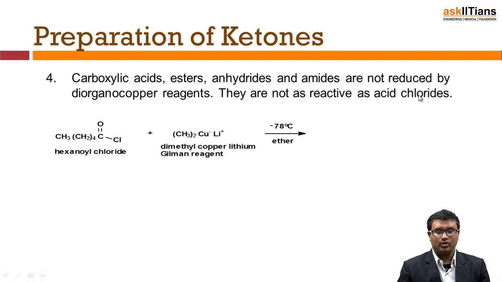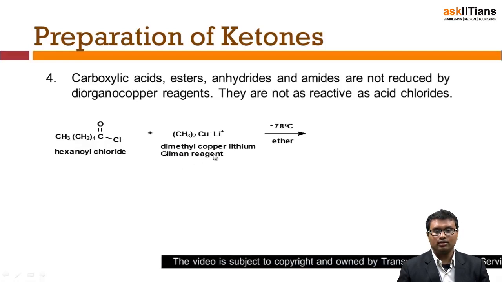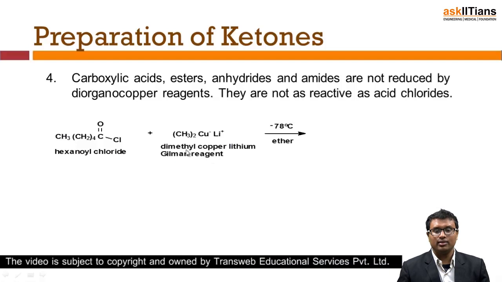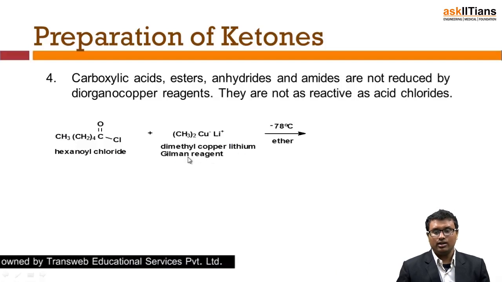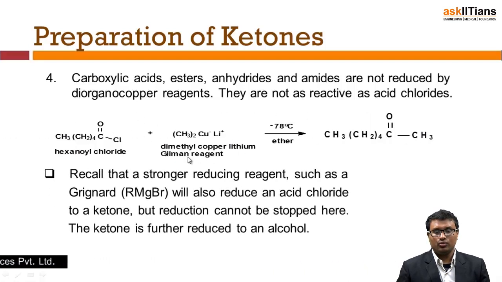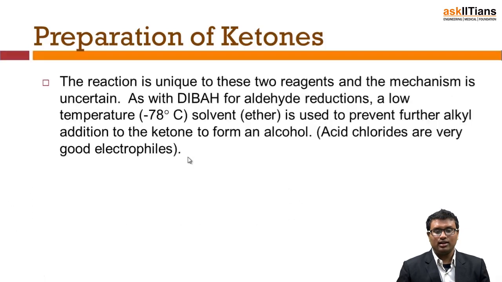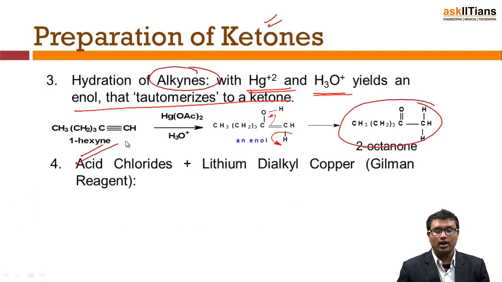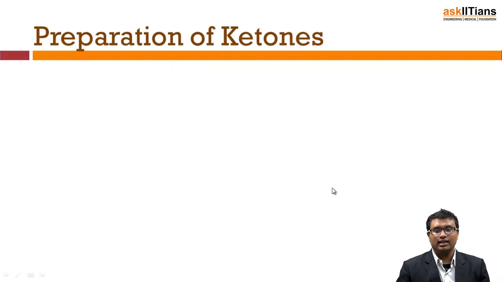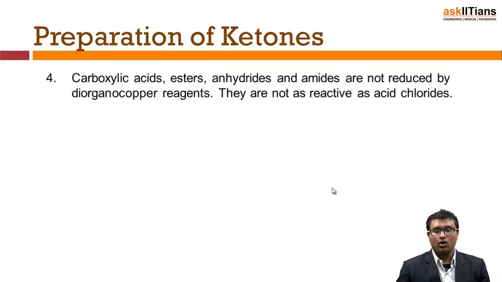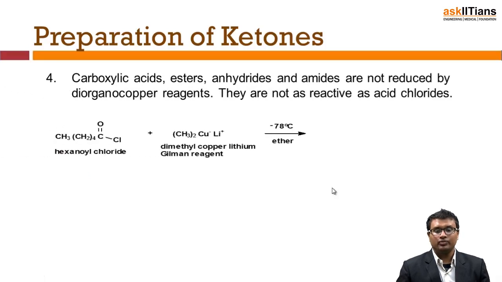So for example, with hexanoyl chloride you can use a lithium dialkyl copper, that's a Gilman reagent, such as lithium dimethyl copper, and you can get a ketone. So you can understand from here that only acid chlorides react with lithium dialkyl copper, because other acid derivatives cannot be reduced by your Gilman reagent.